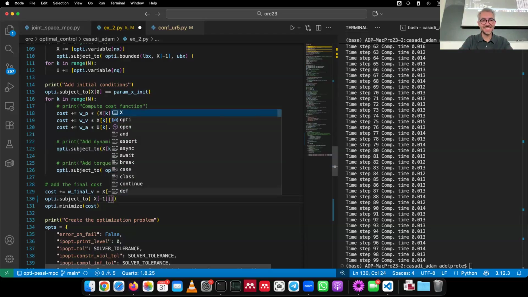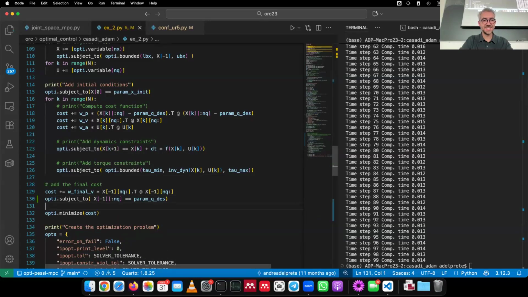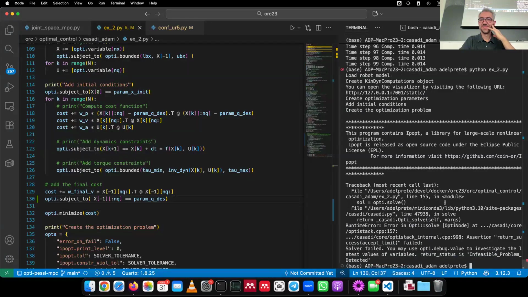I mean, it's an aggressive solution. It's a bit aggressive, I agree. Okay, so I'm saying that the final joint positions should be equal to the desired joint positions. Let's see if it works. I have never tried. No. Infeasible problem detected.